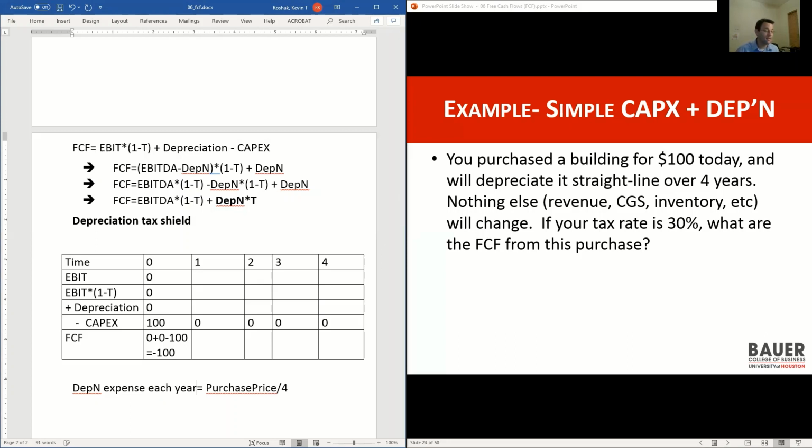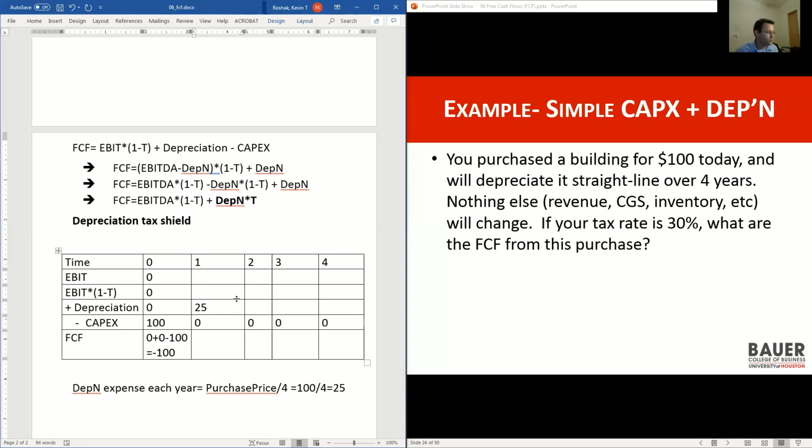You're just simply going to take the price, divide it by the 4. So 100 divided by 4, we're going to have a $25 depreciation expense every year for 4 years. That's what we mean by straight line depreciation, you're just cutting the value up into equal pieces so that at the end it's completely depreciated after 4 years.